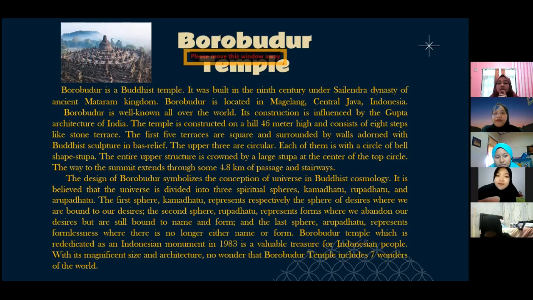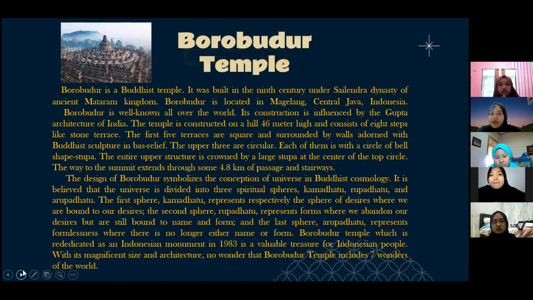So from the first paragraph, what does this paragraph tell you about? It's about describing the Borobudur. Okay, good. If we look at this text, there's some information that mentions the Borobudur temple, right?